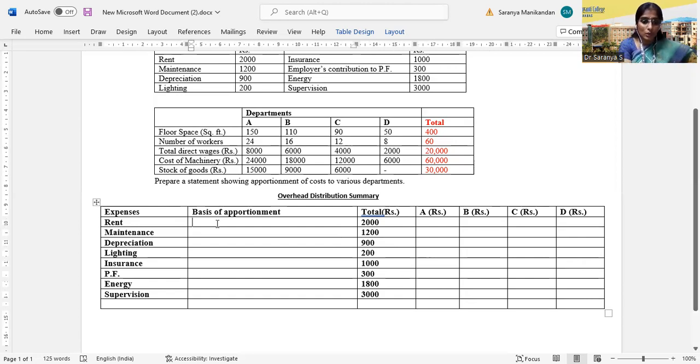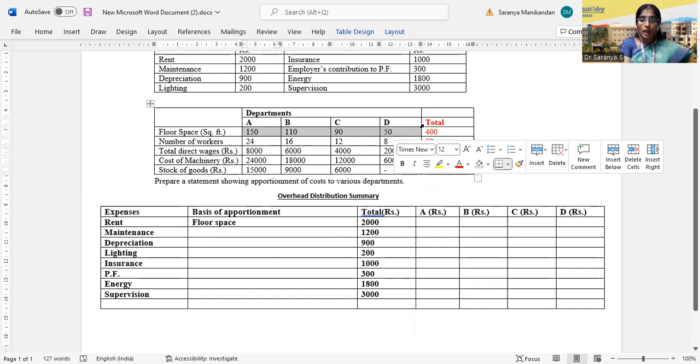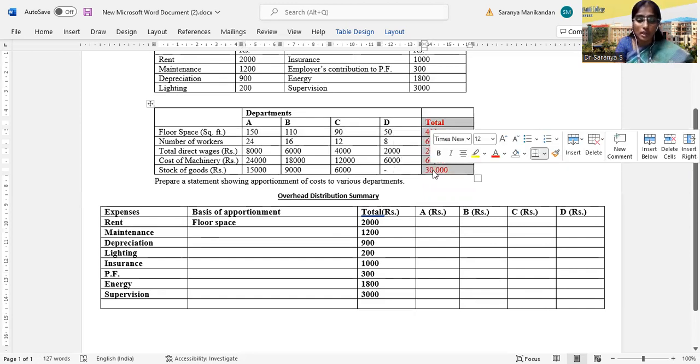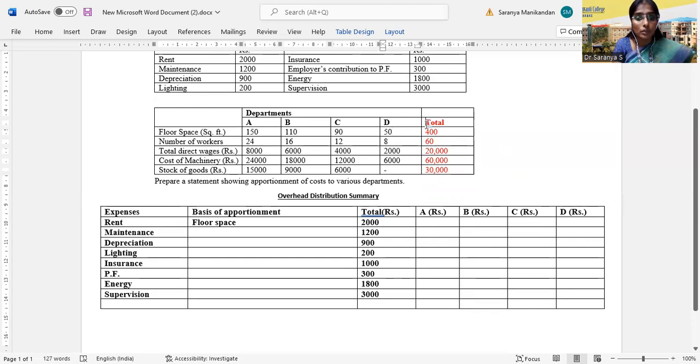So the rent, we are going to apportion on the basis of floor space. Floor space for A department is 150, then 110, 90, 50. This total column I have added so that we can easily apportion it. This total column is not a part of the question, but for our ease we will do the total.